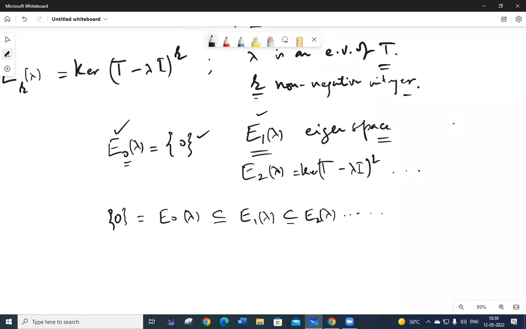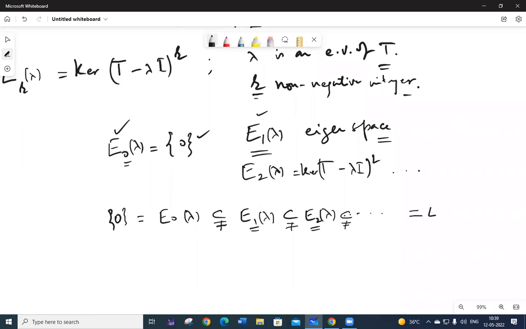But we see, this means the dimensions of each E_i(lambda) are increasing, if the inclusion is strict. But this cannot go beyond a certain integer.